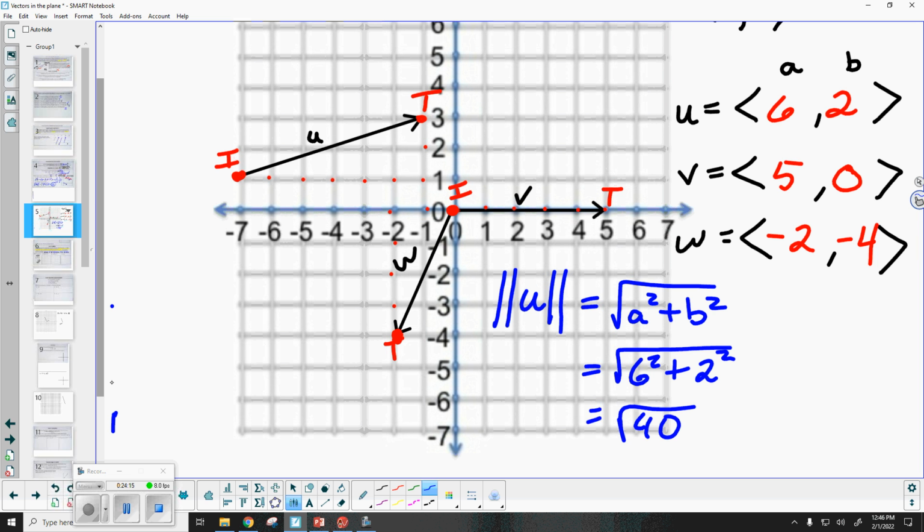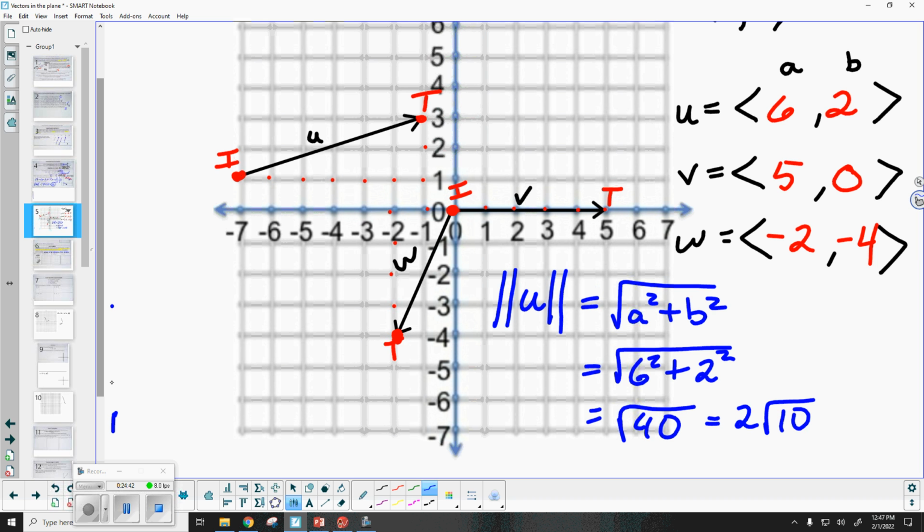Now, unlike the previous one we saw, the square root of 13, this one can simplify. Campbell, can you tell me what that would be? What would the square root of 40 become? Two root 10.